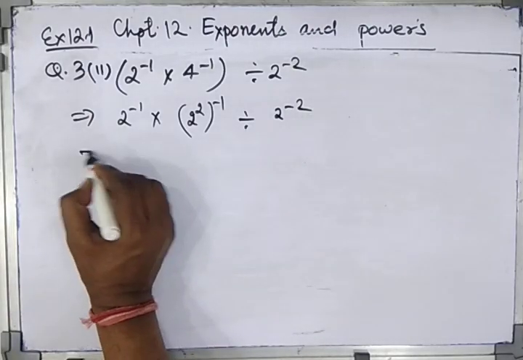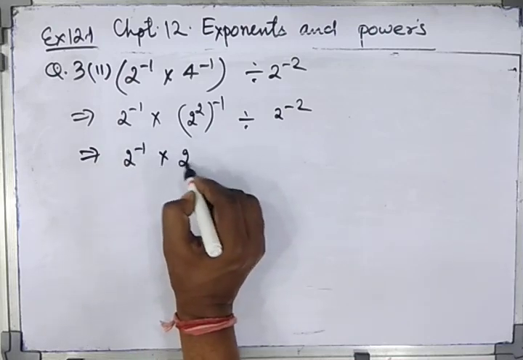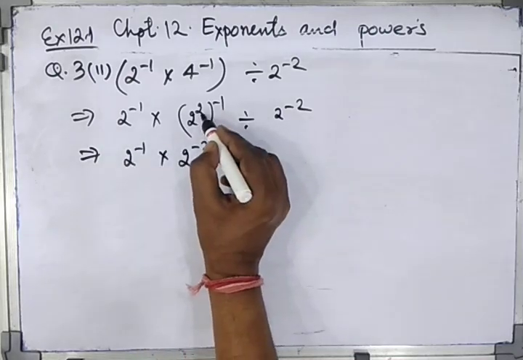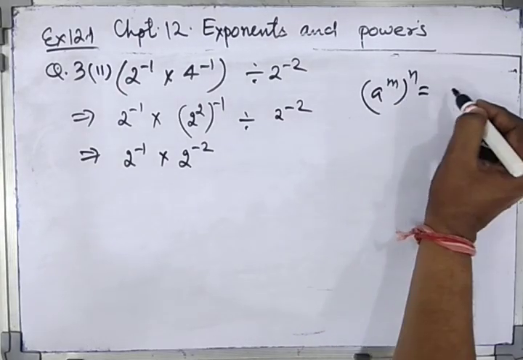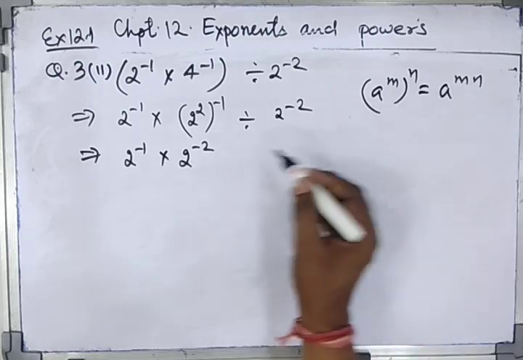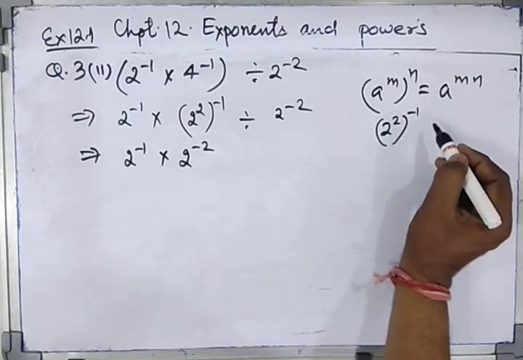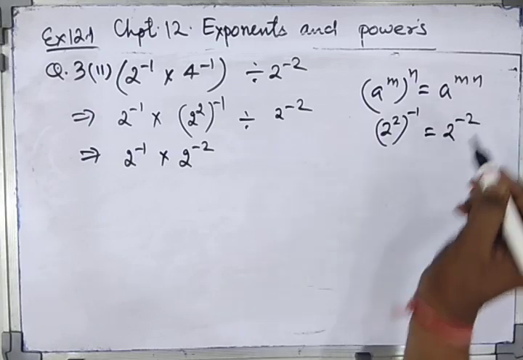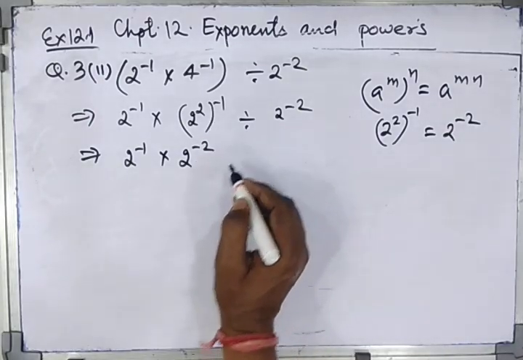So this will be equal to 2 raised to minus 1 into 2 raised to minus 2, because (a raised to m) raised to n is equal to a raised to mn. So 2 raised to 2 times minus 1 equals 2 raised to minus 2.